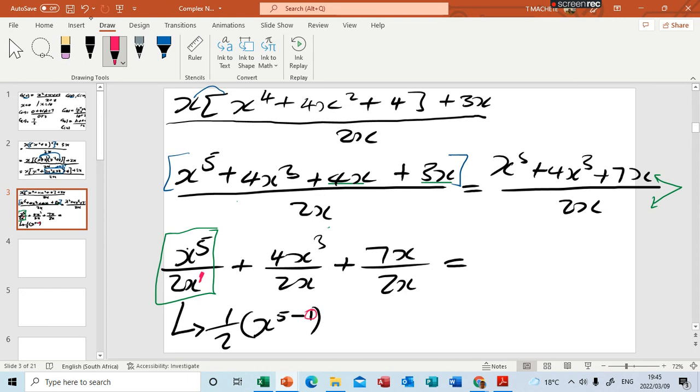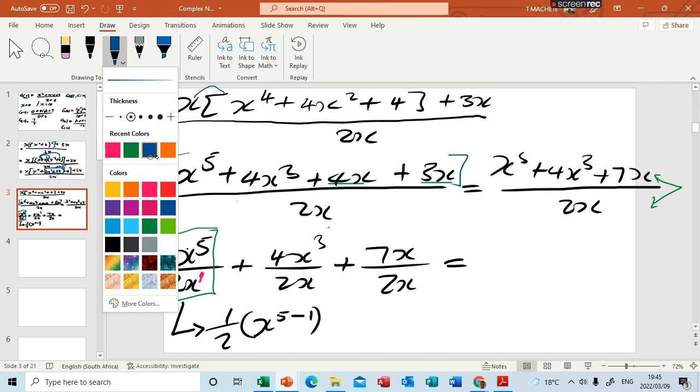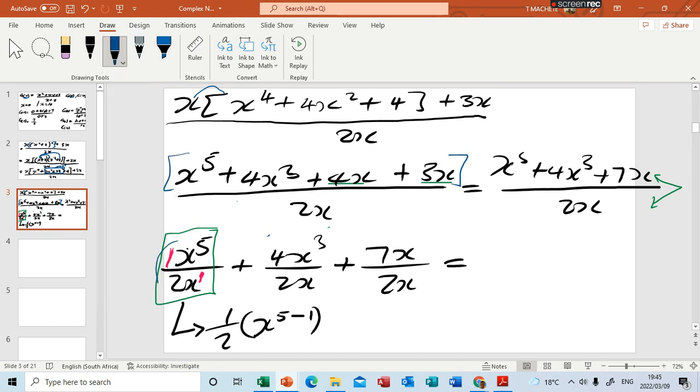That one is from there. Then here you've got 1 as well. In front of that x to the power 5, you've got a coefficient of 1. So you take the numbers, you divide the numbers like this. You take 1 over 2 outside, then you multiply with the functions, which is your x. Then you're going to get 1 over 2 x to the power 4. That's what we're going to do.